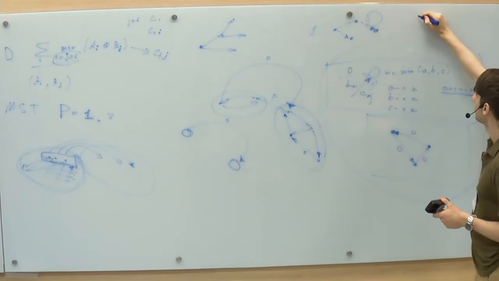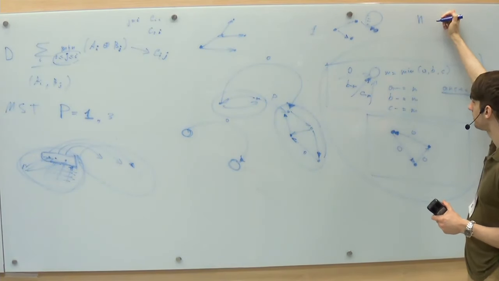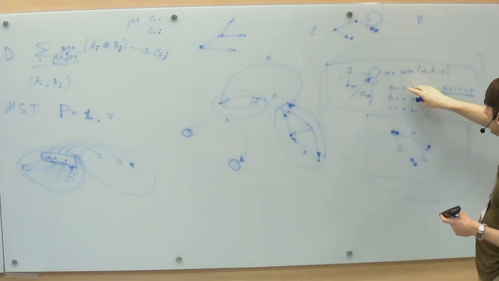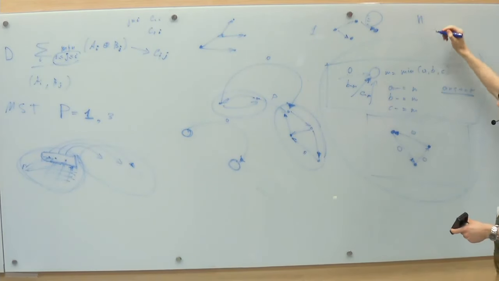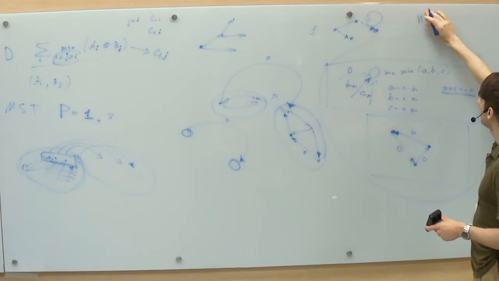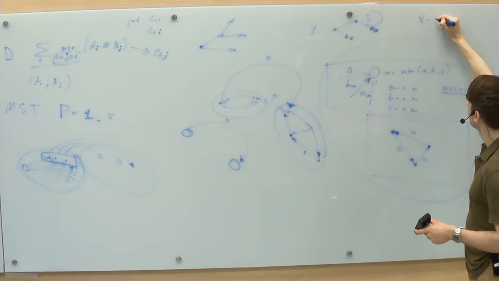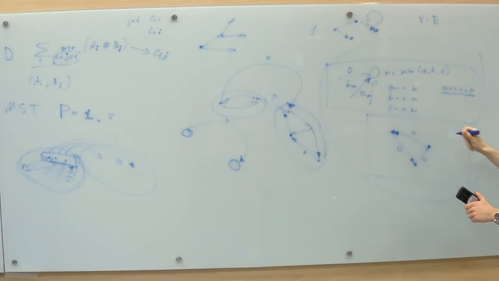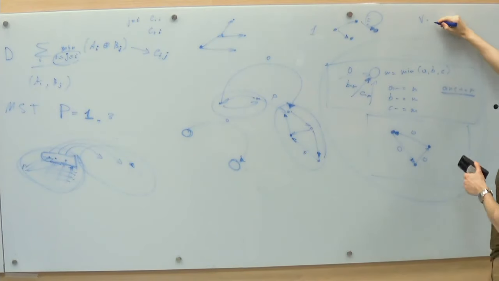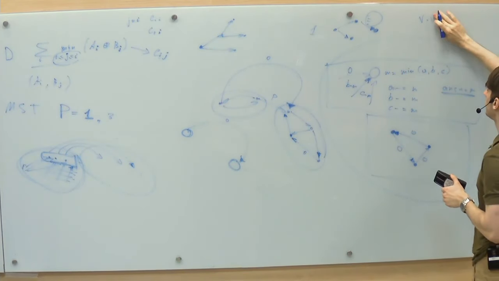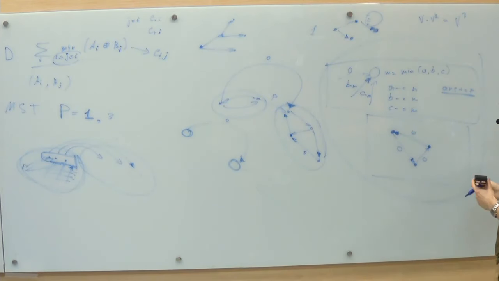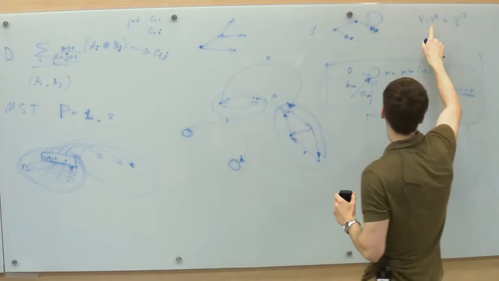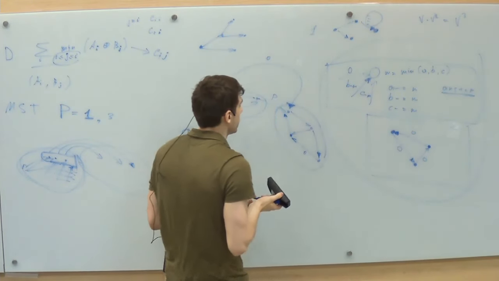So it will be n iterations, and to check all the edges and to find connected components, it will be the number of edges, but since here we have a complete graph, this works in a cubic function of the number of vertices.